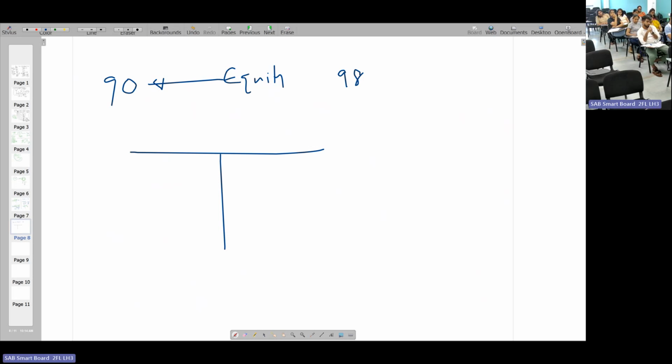Negative goodwill, again P&L debit or credit? Gain, gain. So P&L should be credited.